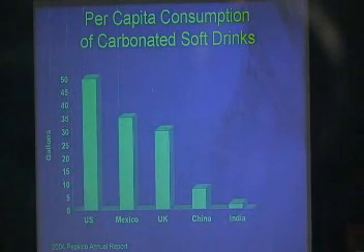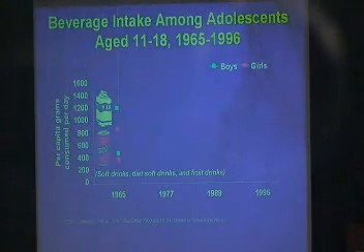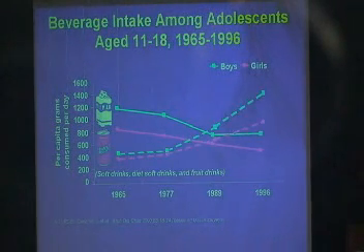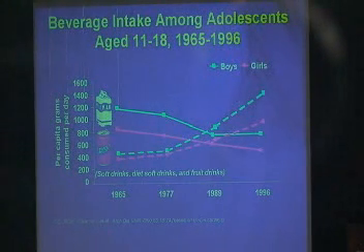And per capita consumption of carbonated soft drinks, as you see, we are one of the leading countries in the world who uses soft drinks compared to UK, Mexico, China, and India. And as you see, in the beverage intake among adolescents aged 11 to 18, we switched soft drinks for milk.